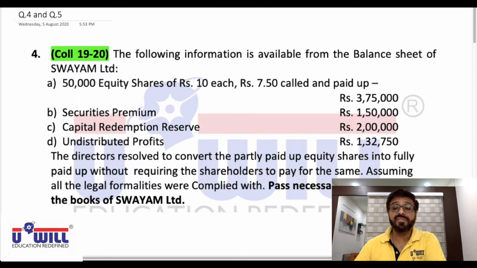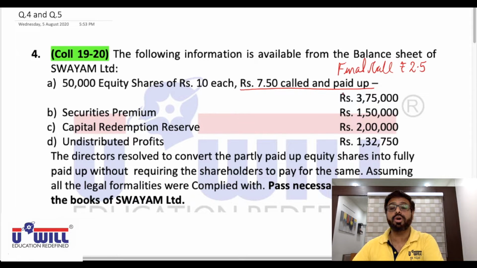Let's take up question 4. The following information is available from the balance sheet of Swayam Limited. 50,000 equity shares of rupees 10 each. All of you underline 7.5 called up and paid up. So how much is final call still not called by the company?